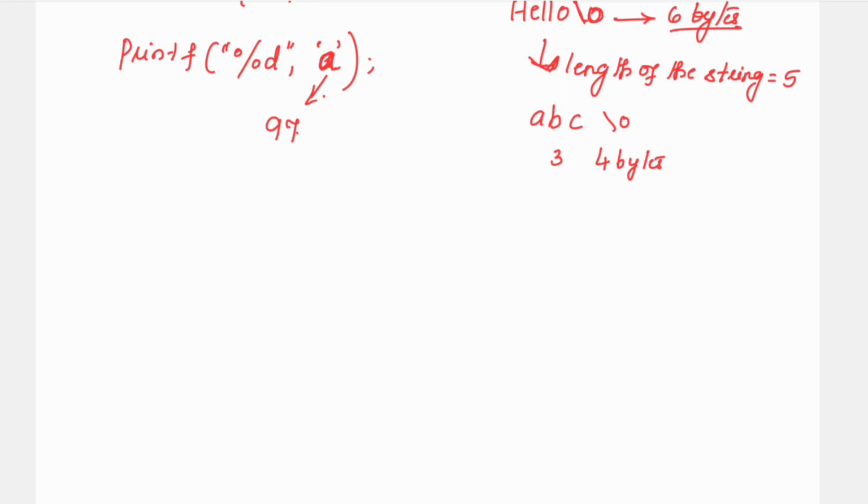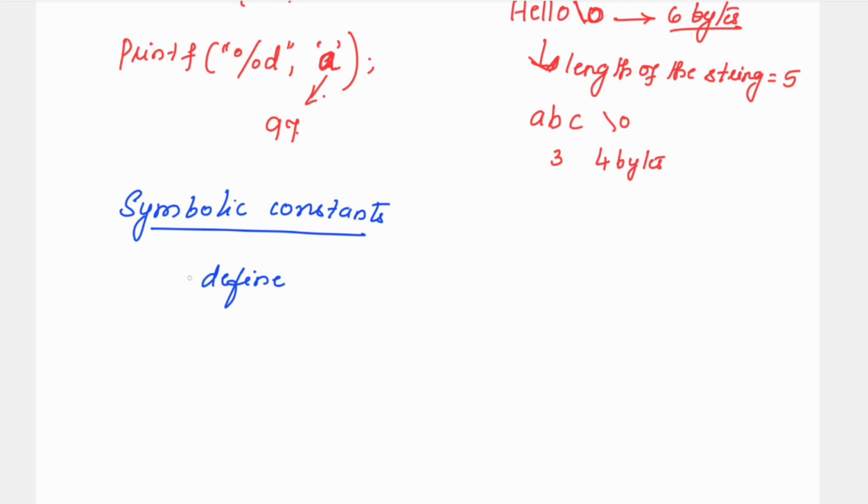a null character. Apart from the integer constants and character constants, you must also get familiar with one more type called symbolic constants. Symbolic constants are created with the help of the define preprocessor directive. And how are you going to use it? You'll use this particular symbol hash followed by this preprocessor directive called define.